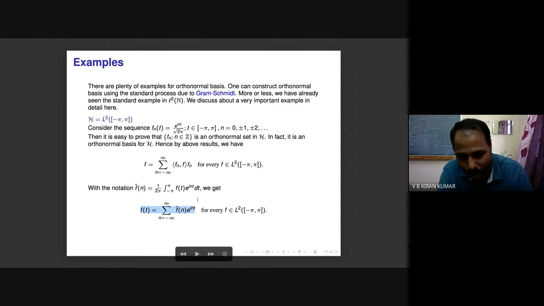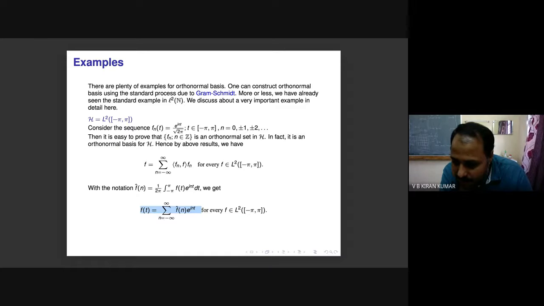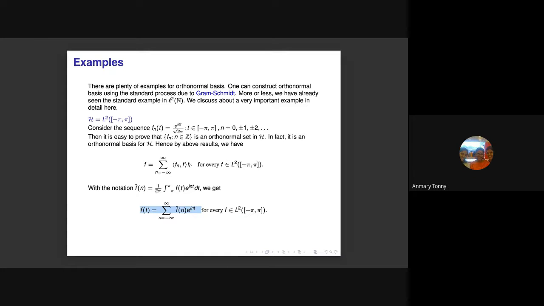That is the question. You can approximate any f by the nth partial sum of its Fourier series. But in what sense? That's the question. Because this convergence happens in L2(-pi, pi). So this happens in the L2 norm, capital L2 norm, right? Yes, sir.